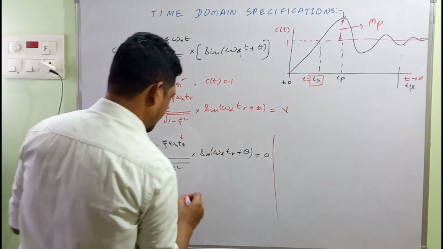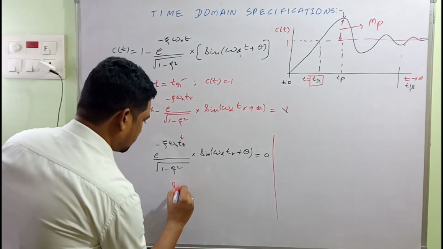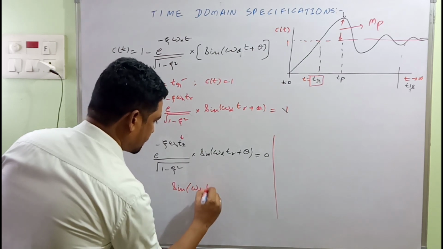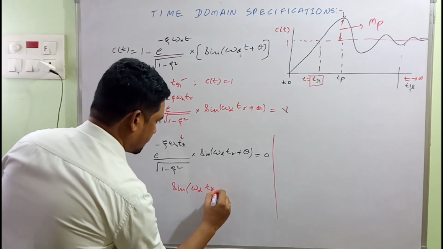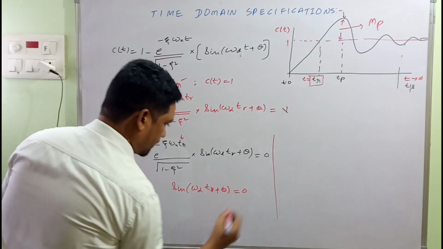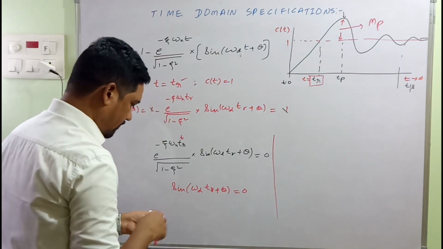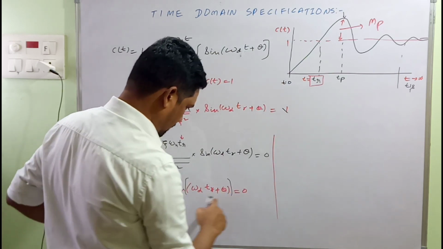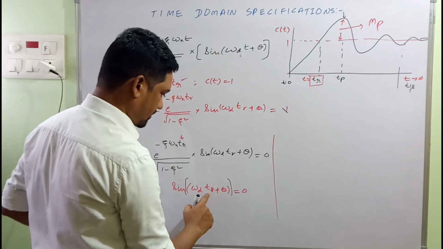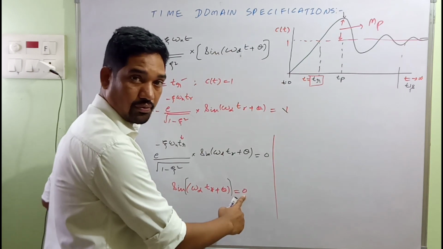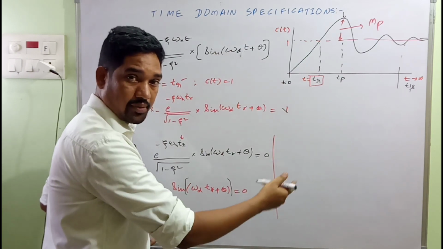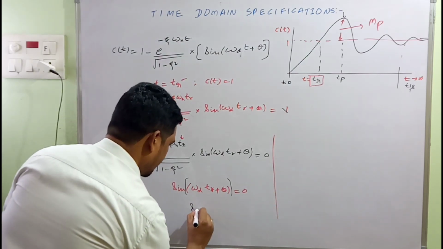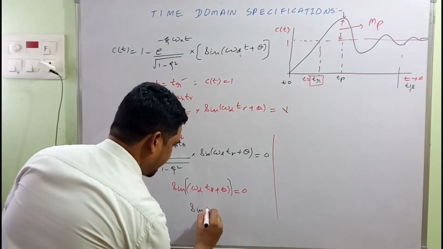So sin(ωd tr + θ) should be equal to 0. For what value will sine be equal to 0? It's 0, π, in multiples of π: 2π, 3π. So sin π is equal to 0.